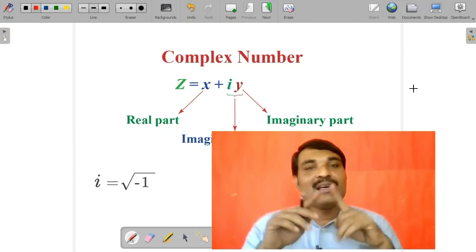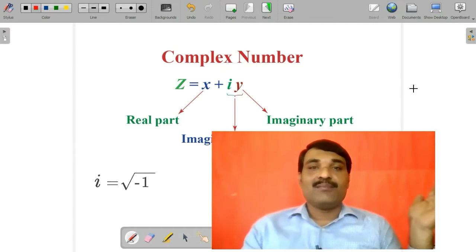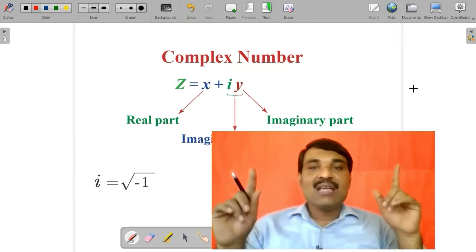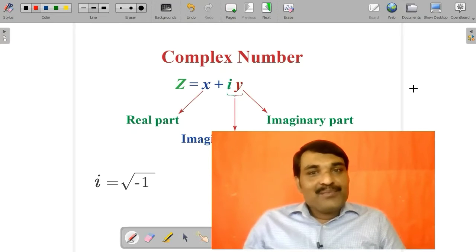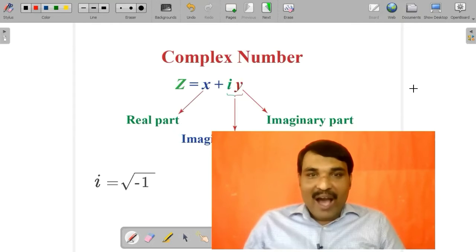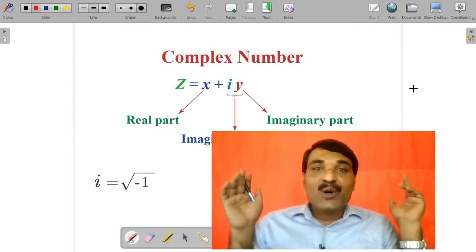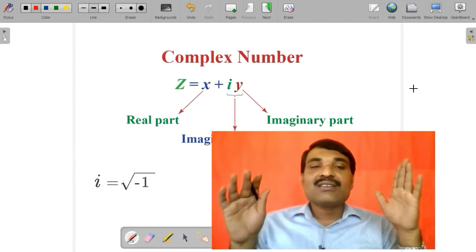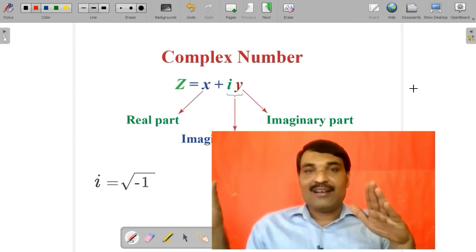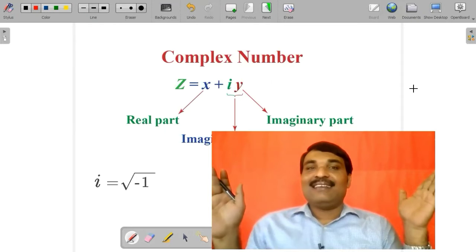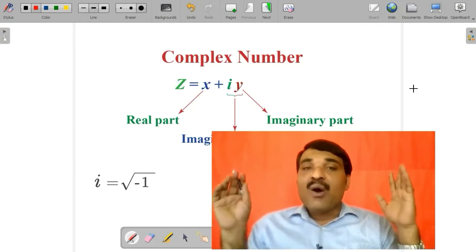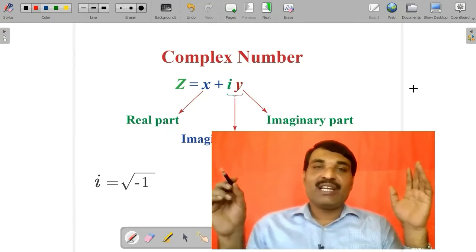In X നമ്മൾ പറയും real part of complex number and Y is called imaginary part of complex number, right? ഇവിടെ X ഉം Y ഉം real numbers ആണ്. That is X and Y belongs to R. Then what is iota? Iota is root of -1. -1 is a negative real number, right? Then the term iota Y is called imaginary number.